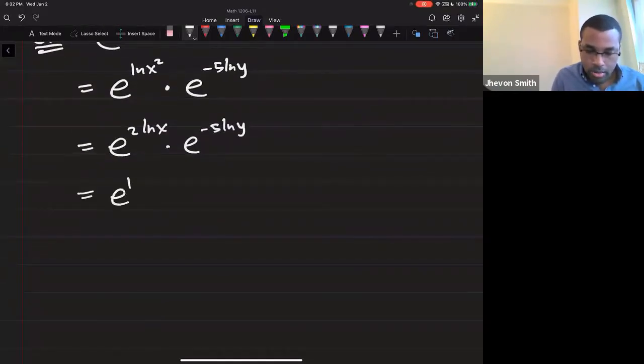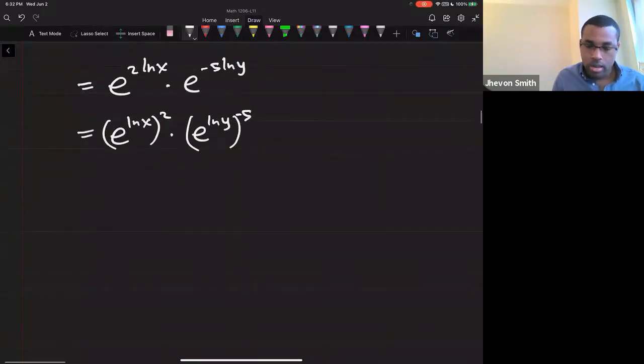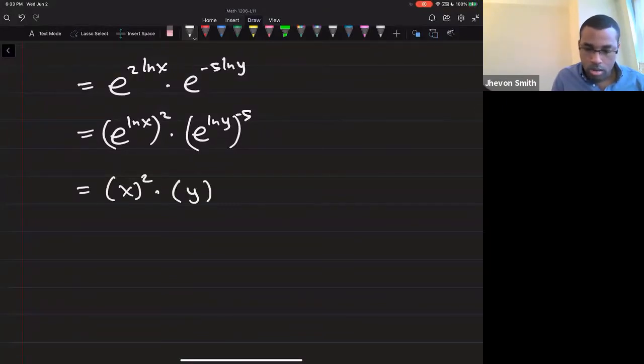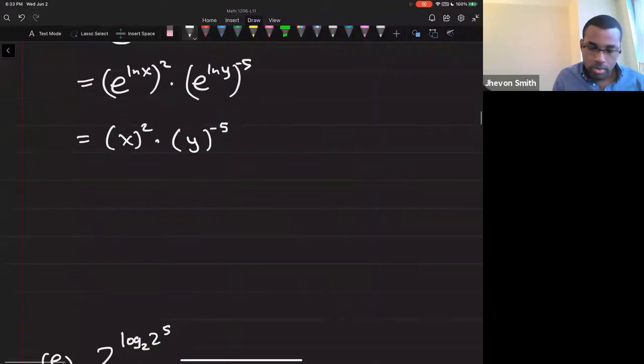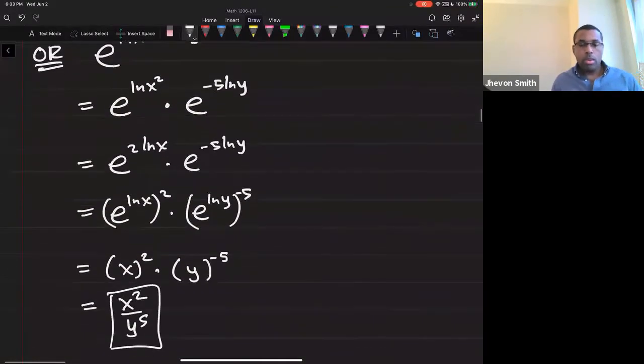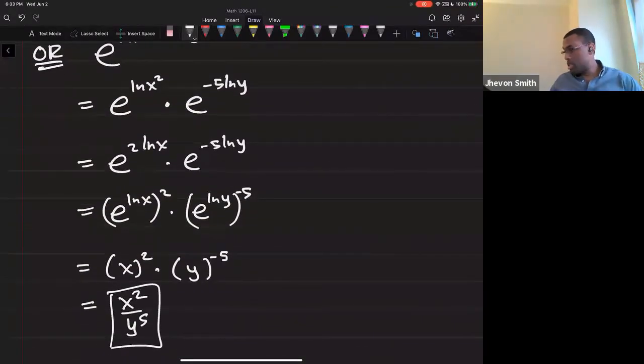Then I could have shifted the 2 outside, shifted the minus 5 outside, and then inside this would become x squared. Inside that would just become y to the minus 5. So again, you would get x squared over y to the 5th. Whatever way you do it, just make sure it's legal and you get the right answer at the end.